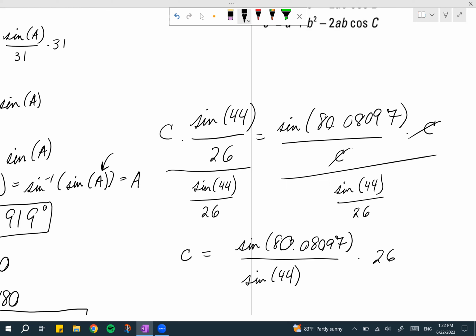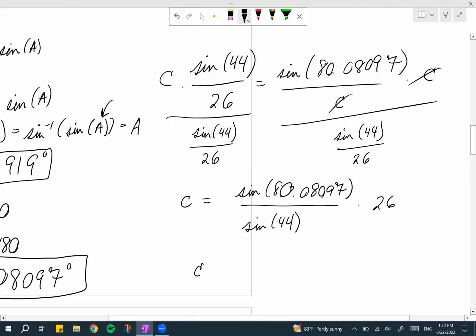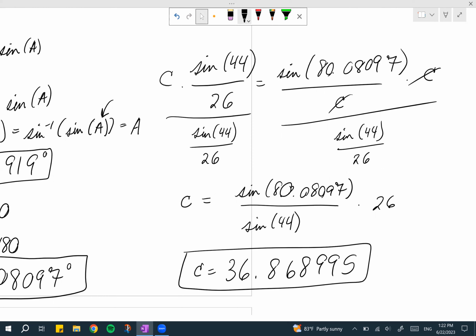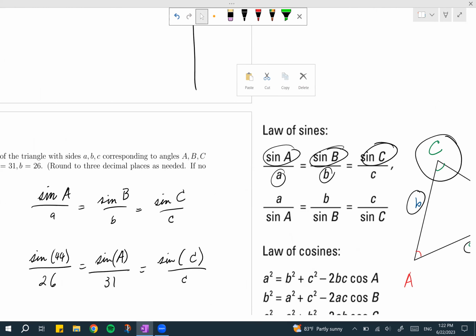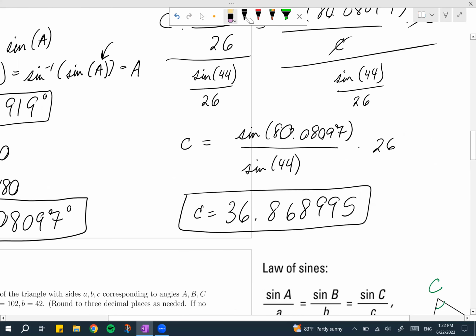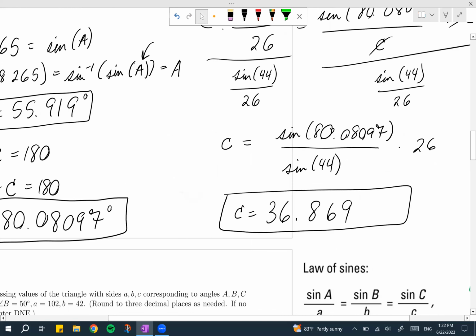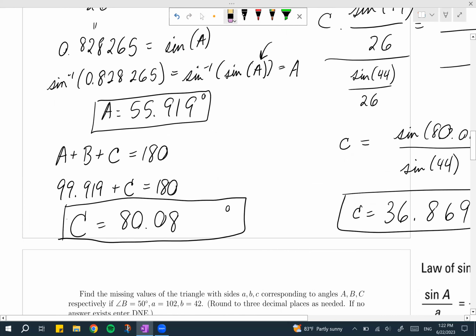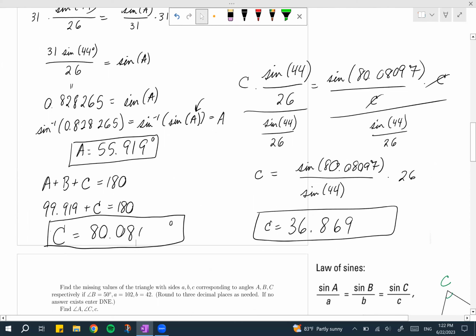I get my little c is equal to 36.868995. I think I want you to round to 3 decimal places. So for this one, it would be 869. For this one, it would be 081, and this one would be 919. And those would be my answers.